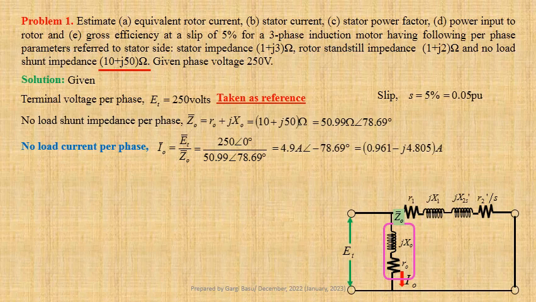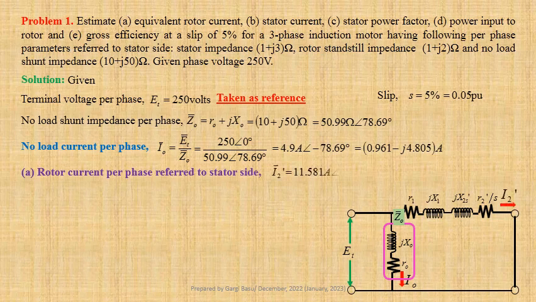We have determined rotor current per phase referred to stator side I2 dash equals 11.581 ampere at an angle minus 13.3925 degree. This may be written in Cartesian form as 11.266 minus j times 2.6824 ampere.